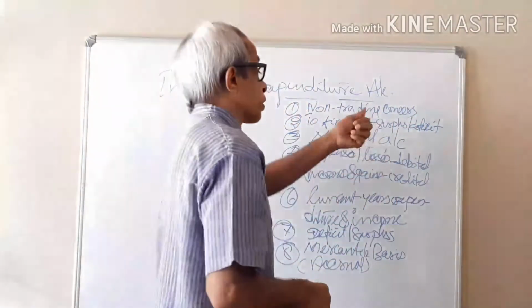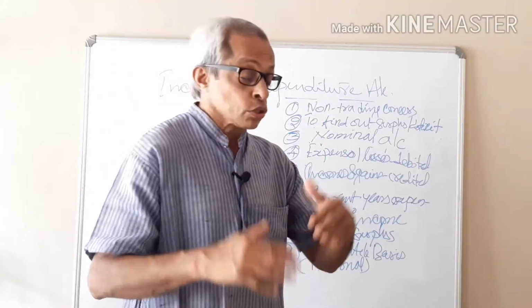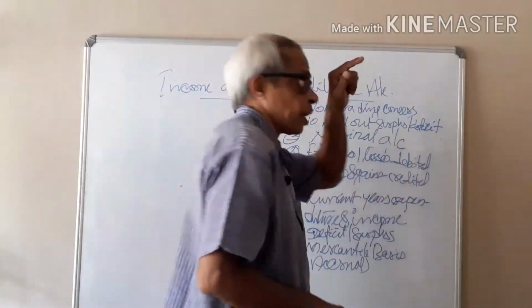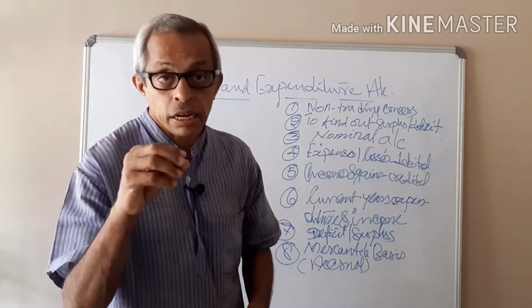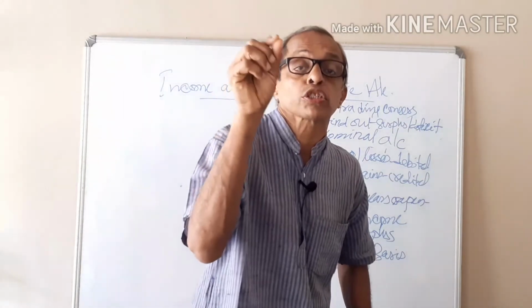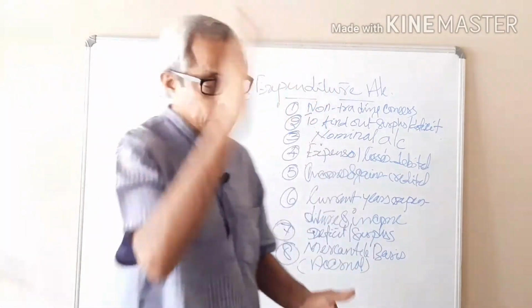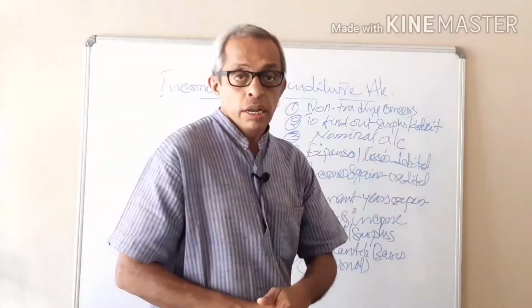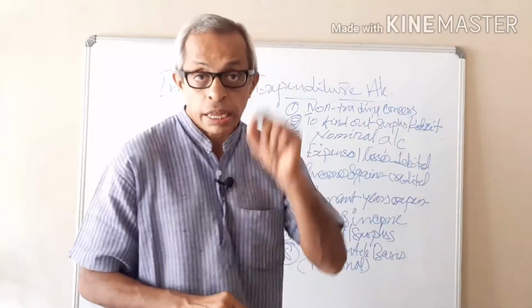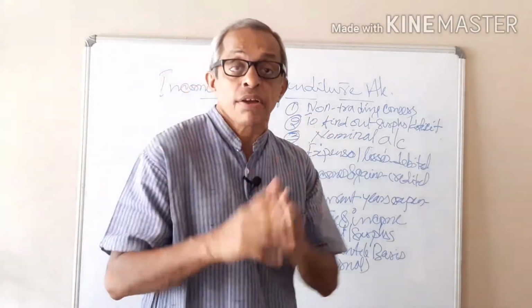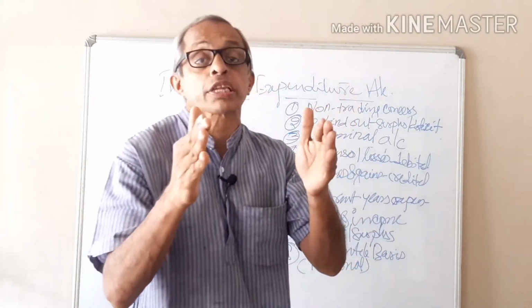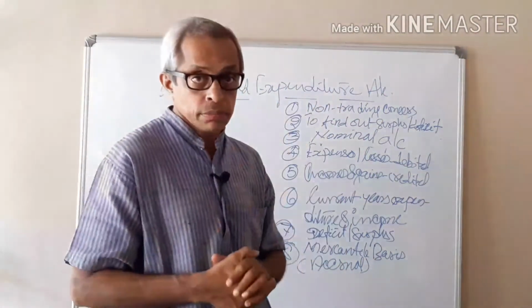If the net result of that particular non-trading concern is surplus, then that amount will be added to capital fund to be shown on the liability side of the balance sheet. If the result of such non-trading concern is deficit, then the balancing figure will be deducted from the capital fund to be shown on the liability side of the balance sheet.